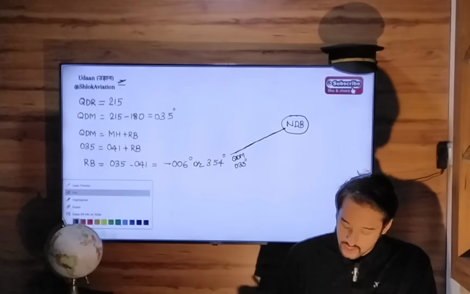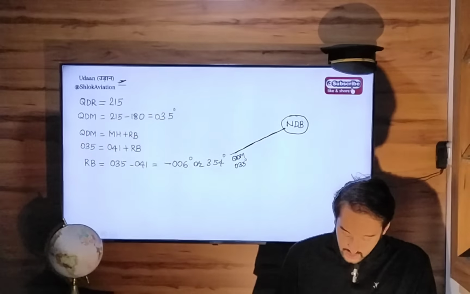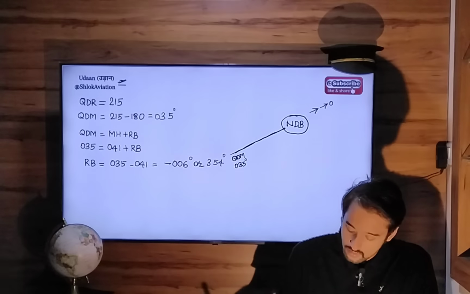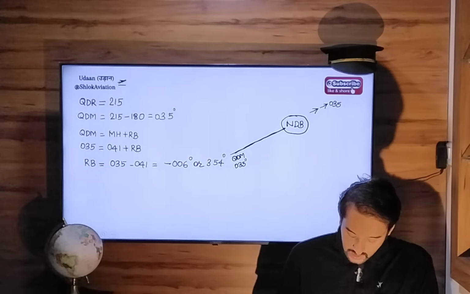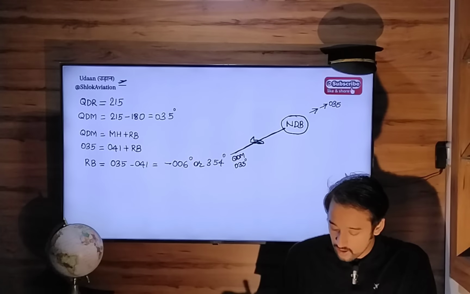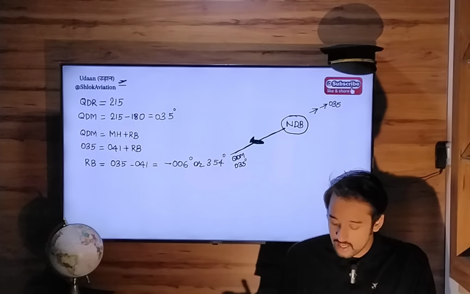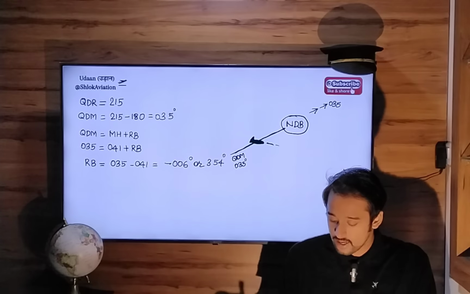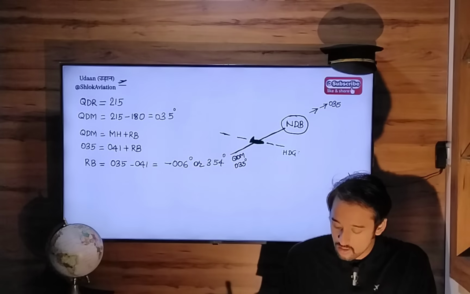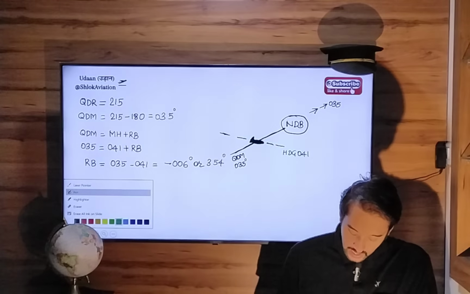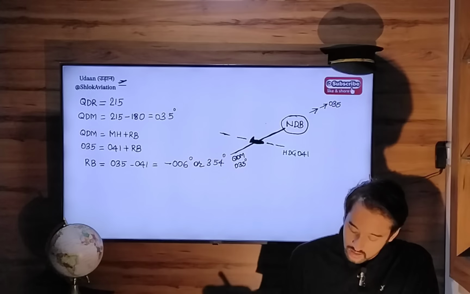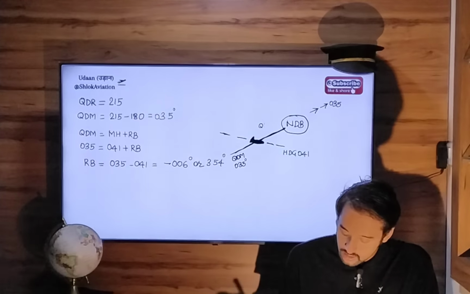Magnetic heading is 041. So if this is 035, this will be 041. So the aircraft is pointing a little bit to the right of 035, which is 041. And the track towards the station is 035.